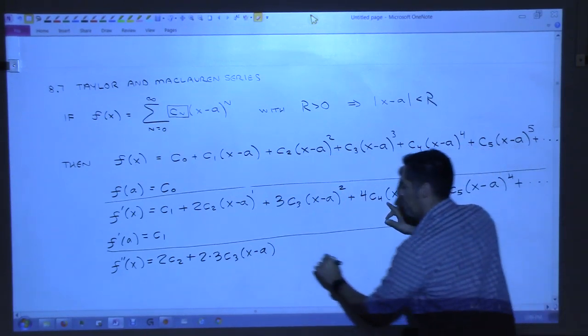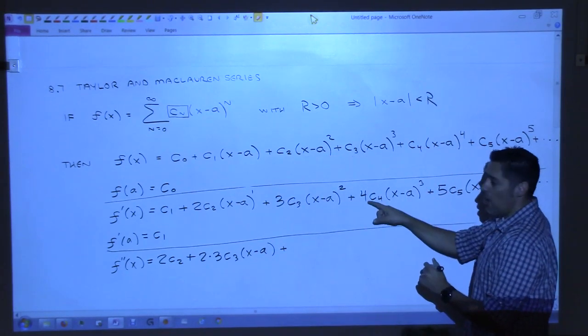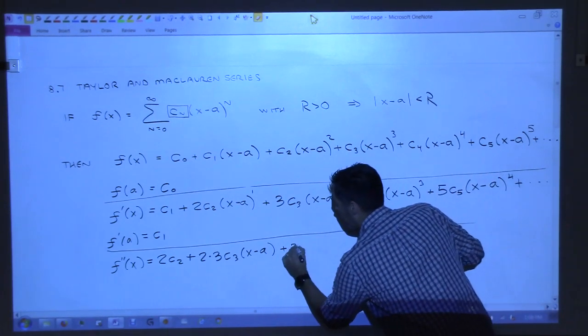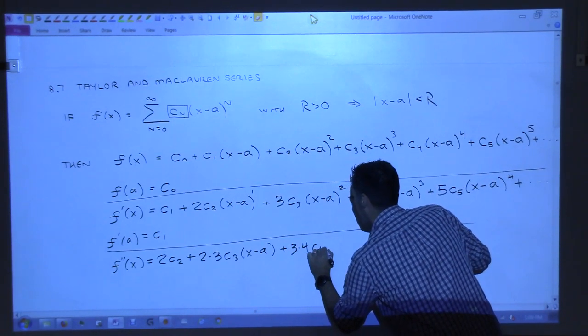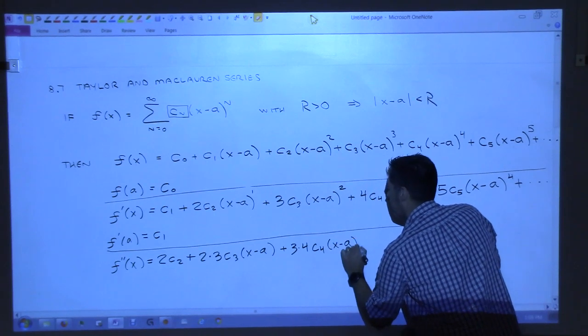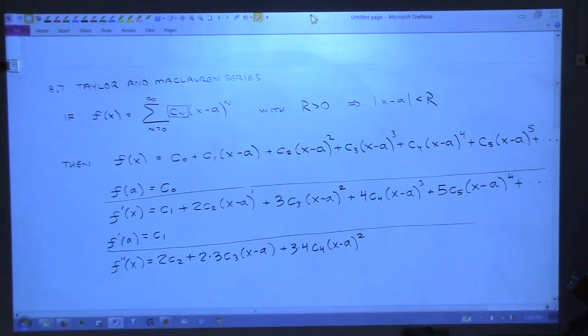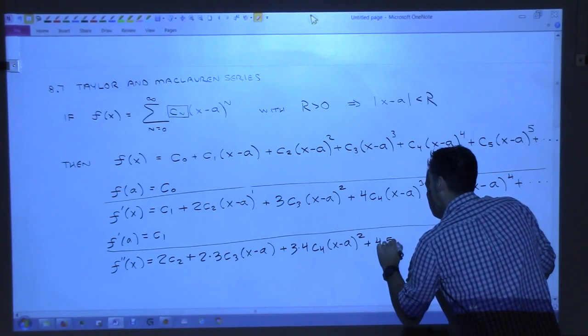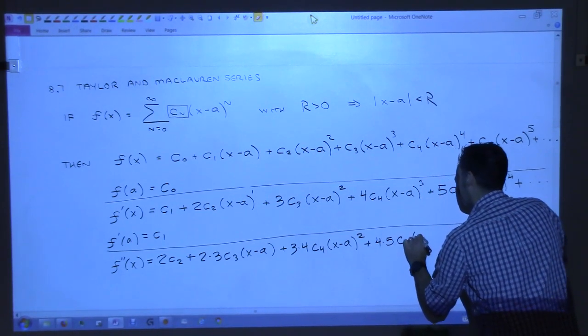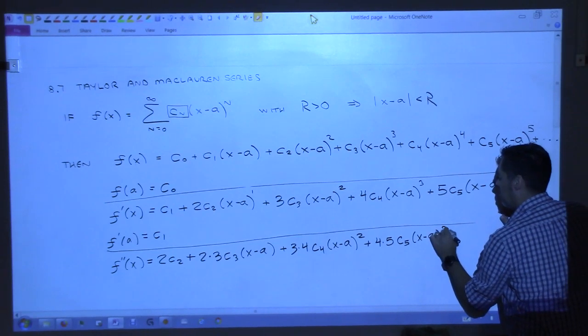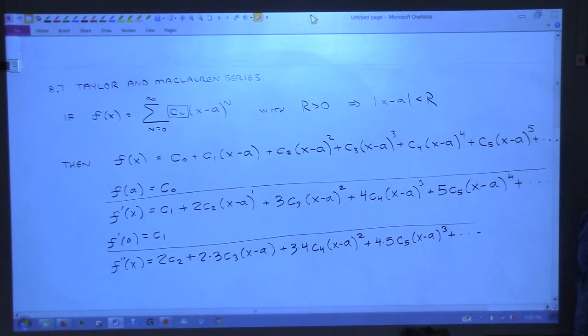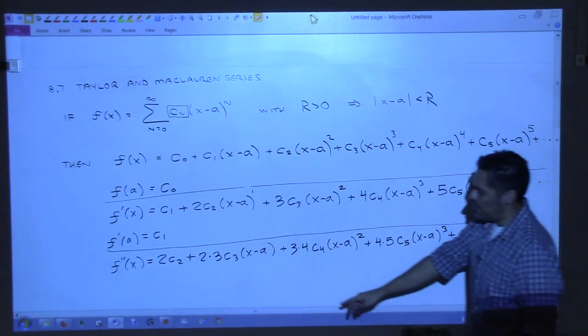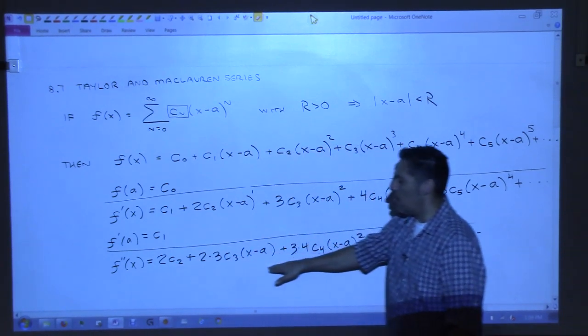What's the next one? It would be 12, right? But I'm going to write 3 times 4, c sub 4 x minus a squared. The next one, 4 times 5, c sub 5 x minus a cubed, plus dot dot dot. Now, if I wanted to know what c sub 2 was, I would need to kill all these off, right?